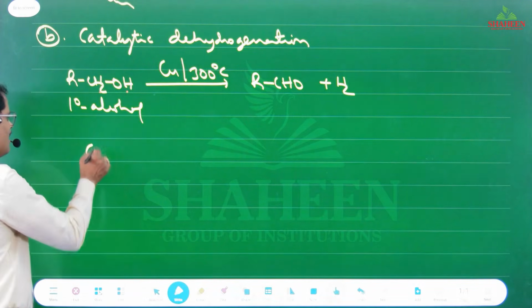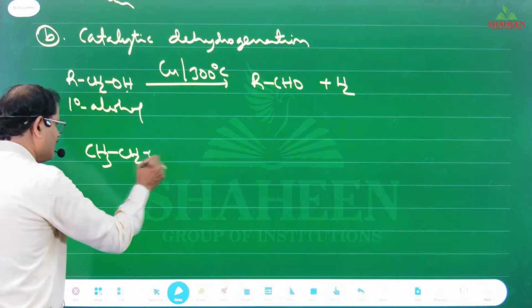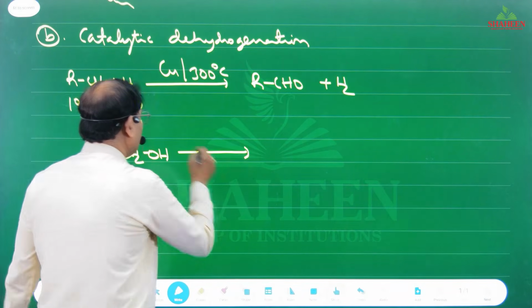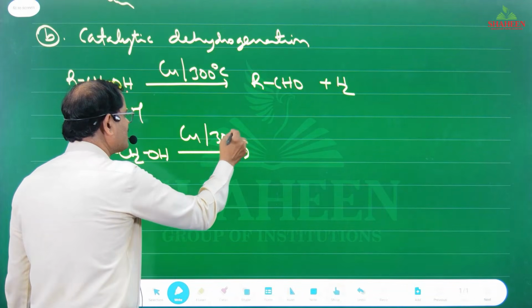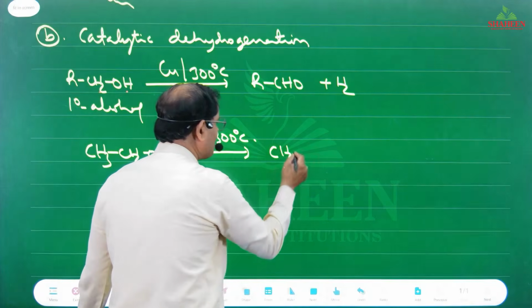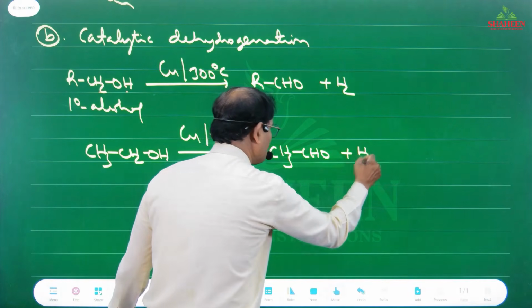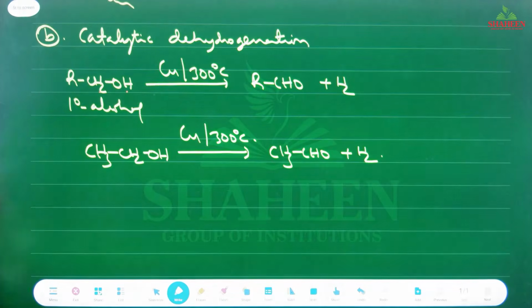If we take ethyl alcohol in the presence of copper at 300 degrees centigrade, the product obtained is CH3CHO plus H2. So acetaldehyde is the product.